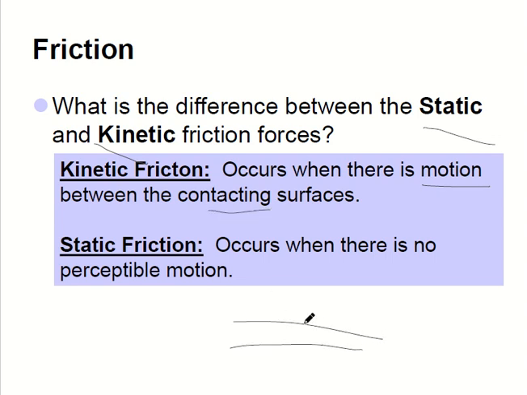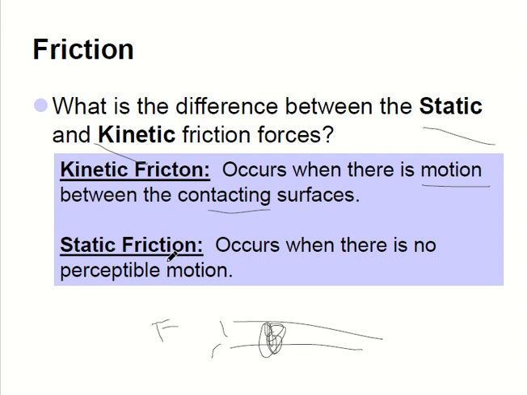As you know, the frictional force happens when you have two contacting surfaces, meaning when two surfaces come into contact, you've got a friction. Sometimes kinetic friction is going to support the motion between the contacting surfaces, and static friction is going to oppose it.